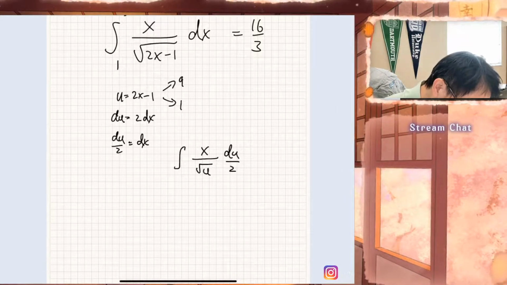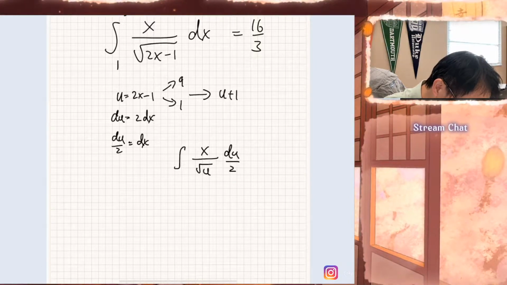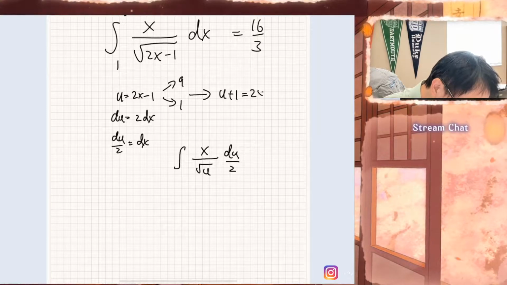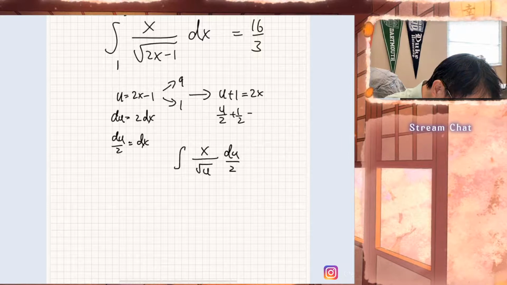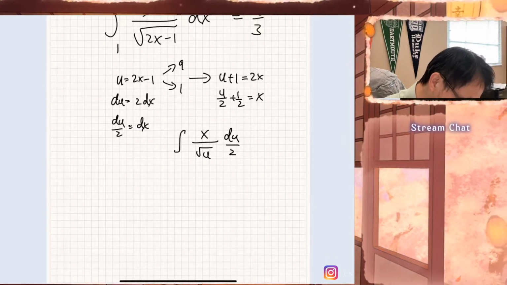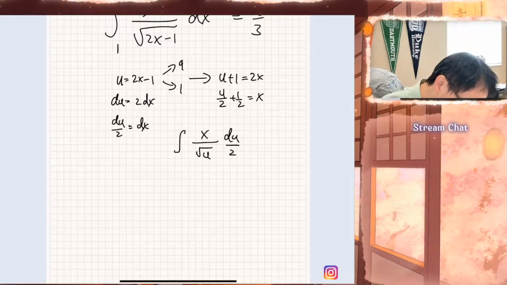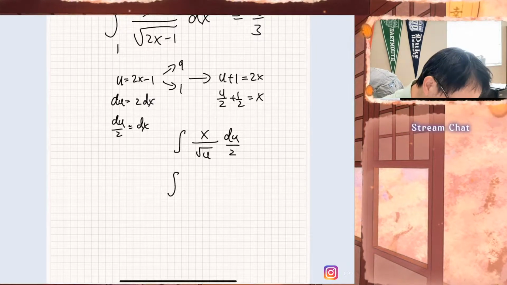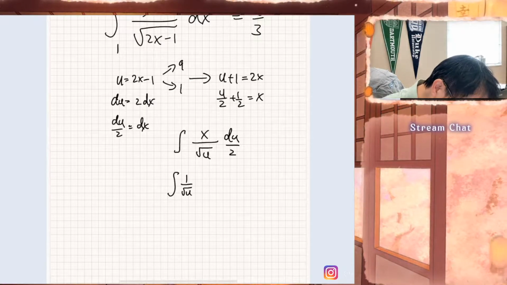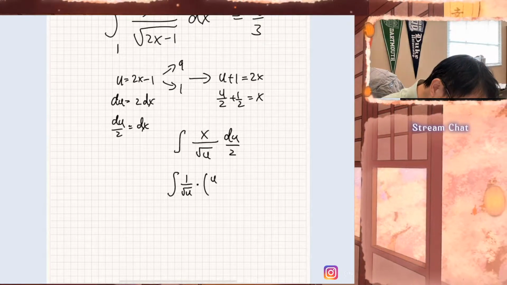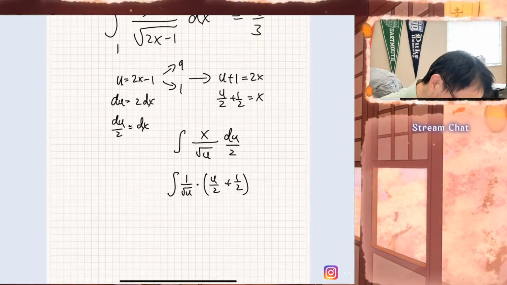Now I'm going to change this to u plus 1 equal to 2x, and this one's going to be u over 2 plus 1 over 2 is equal to x. So therefore, that x is going to become 1 over square root of u times u over 2 plus 1/2. You can go if you want, and I'll record it.